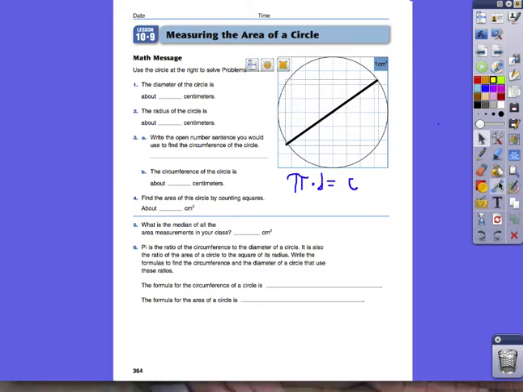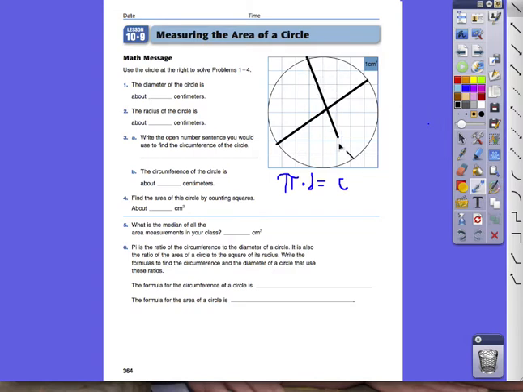We could also say that this could be our diameter, or this could be our diameter, as long as it goes through that center point.